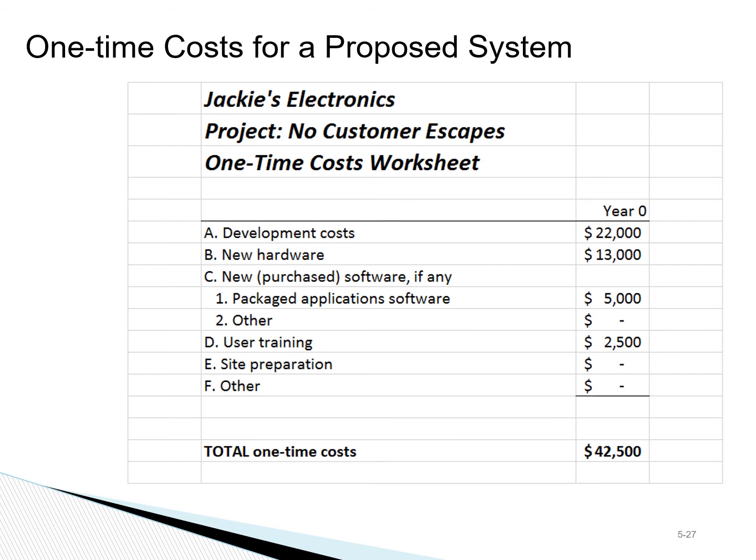These would be things such as development, if we are developing a system, or procurement costs associated with software as well as hardware, user training, and site preparation. These are all examples of one-time project costs that we need to consider.